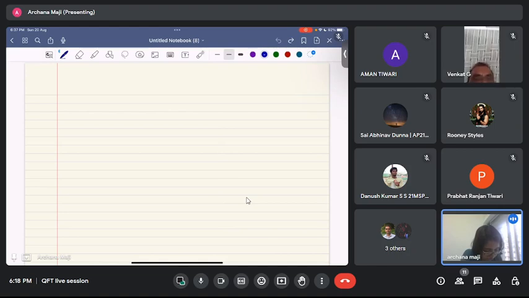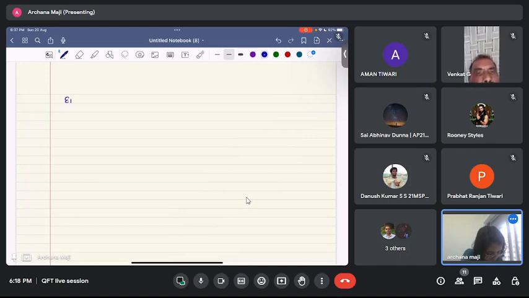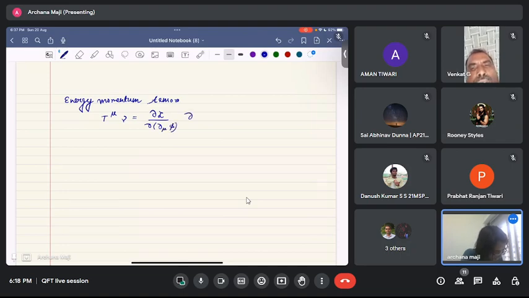Let me write down the energy momentum tensor. So this was our energy momentum tensor, and we saw that T00 is nothing but the energy density.